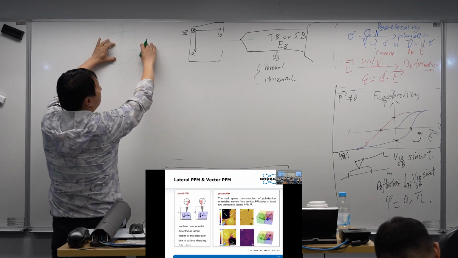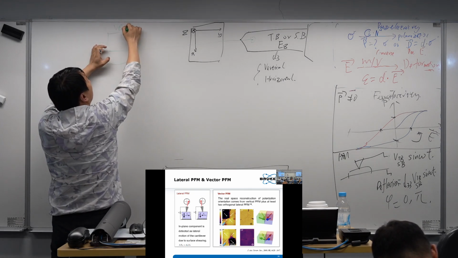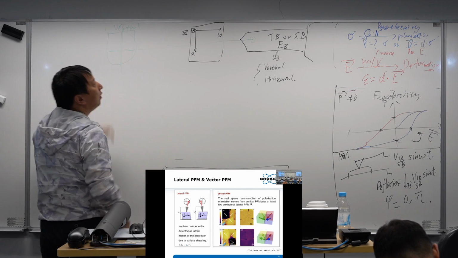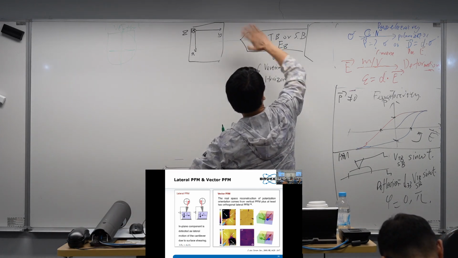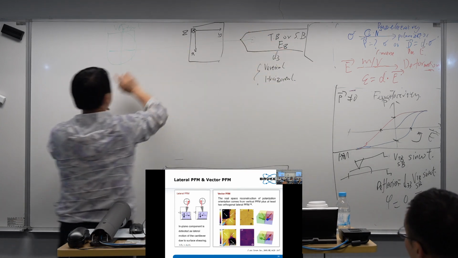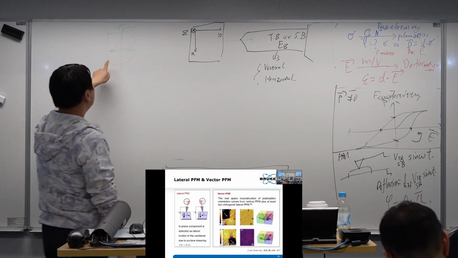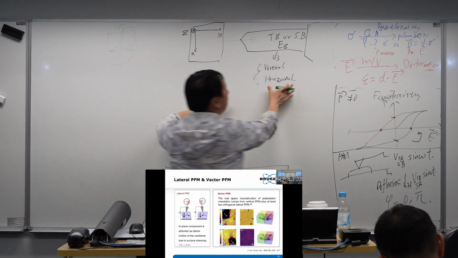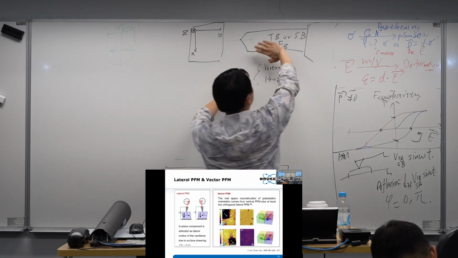If the laser is moving up and down in this direction, this is vertical. And if the probe itself is rotated or tweaked in this direction, our laser will be moved along here. So the horizontal just means we cause the probe to move.